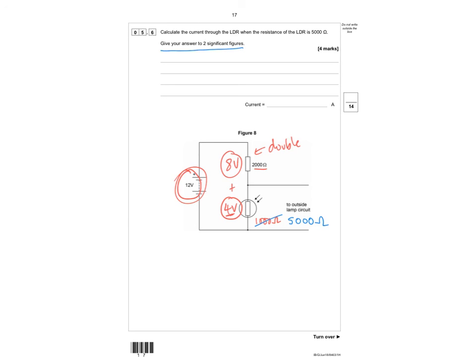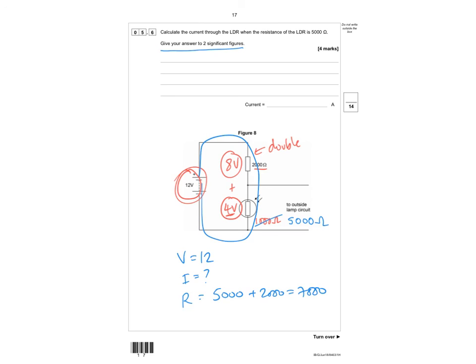So we know that the potential difference, the total potential difference, is 12 volts. We don't know what the current is, but we do know the resistance. Now it's the resistance of the whole circuit. So the resistance of the whole circuit is now 5000 plus 2000. So that's then 7000.